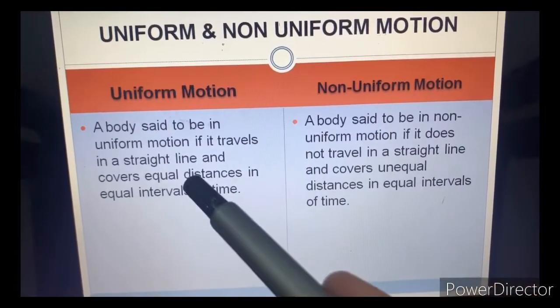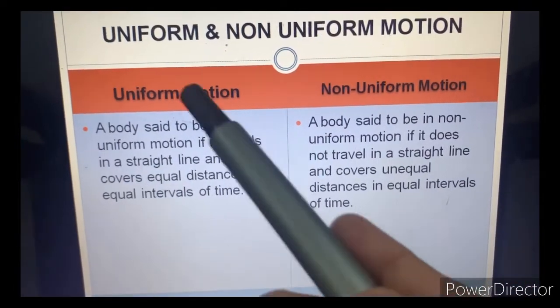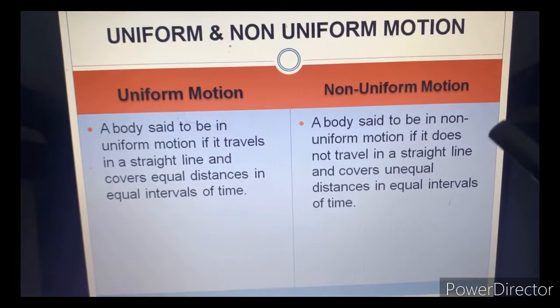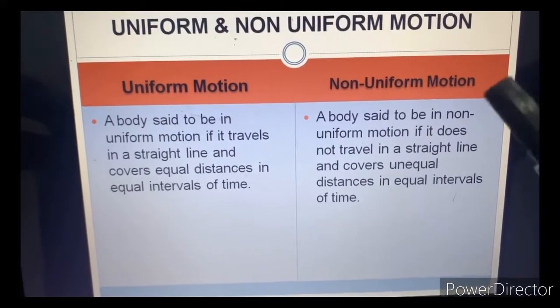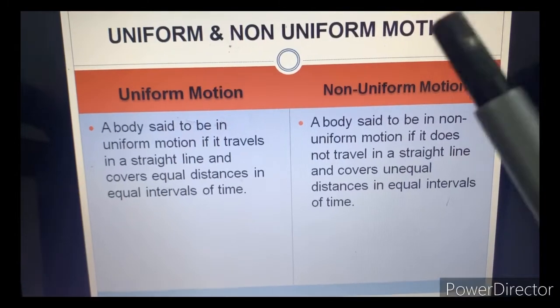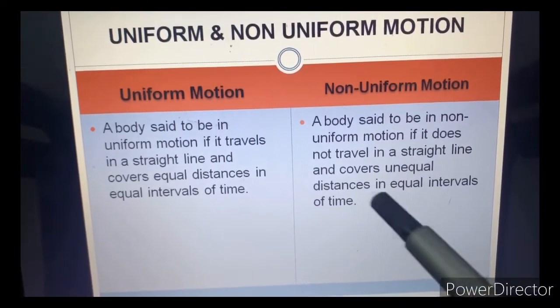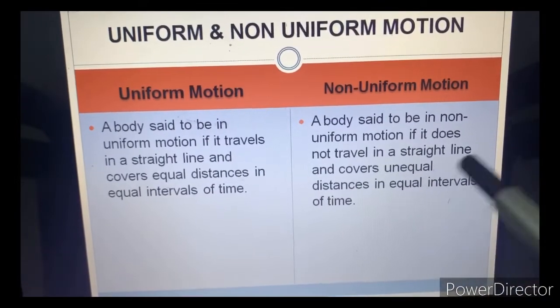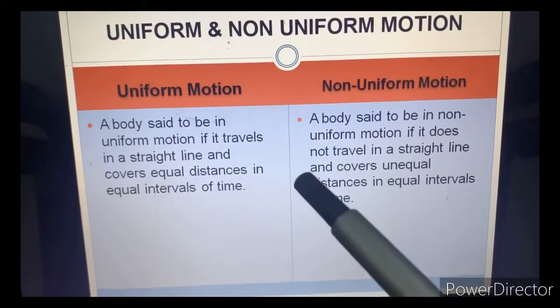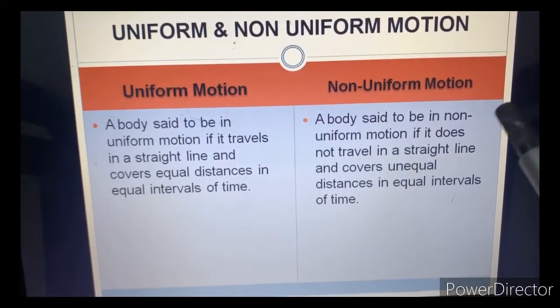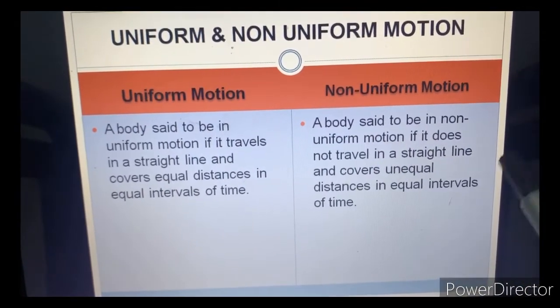Like I have given an example here: in uniform motion, an object travels 500 meters in 1 minute, 1000 meters in the second minute and 1500 meters in the third minute. But in this case, a car travels 500 meters in 1 minute, and in the next minute it travels 1500 meters.